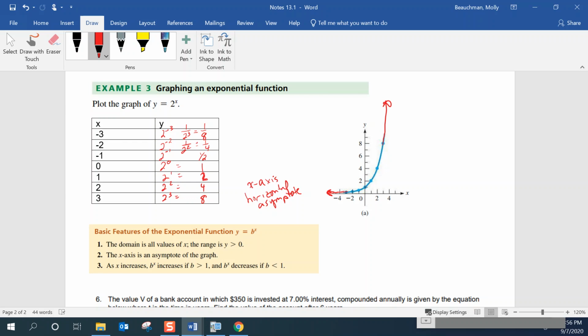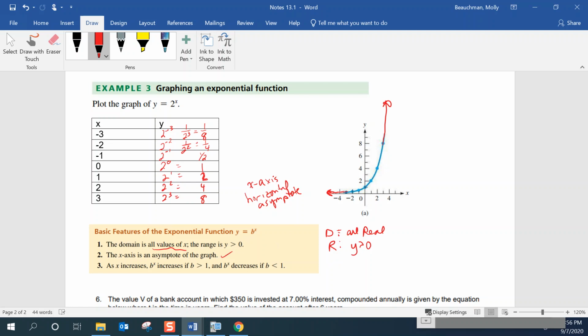The basic features are, if we look at the domain of this function, the domain is all values of x. So the domain is all real numbers. You can put anything you want in for x. But with the range, you only get out positive numbers for y. So y is greater than 0 for the range.